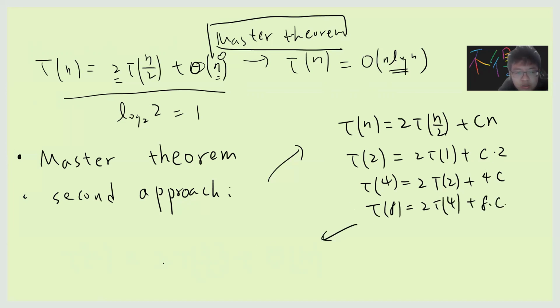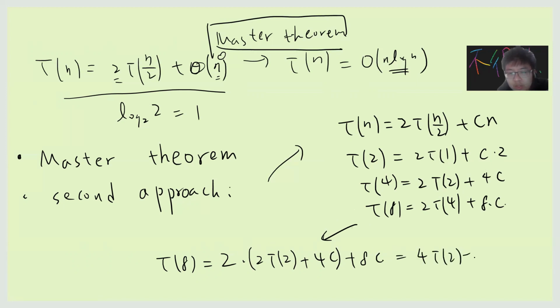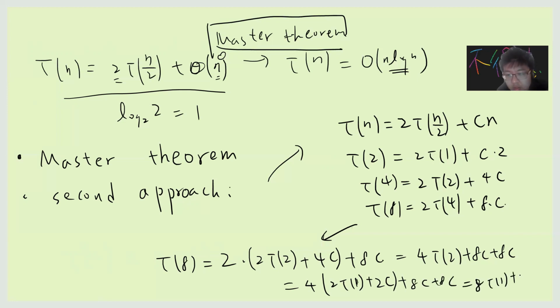If you see this, T of 8 can be written as 2 times 2T of 2 plus 4C, plus 8C, which is 4T of 2 plus 8C plus 8C, which is 4 times 2T of 1 plus 2C, plus 8C plus 8C. So you get 8T of 1 plus 24C. So T of 8 is 8T of 1 plus 24C.